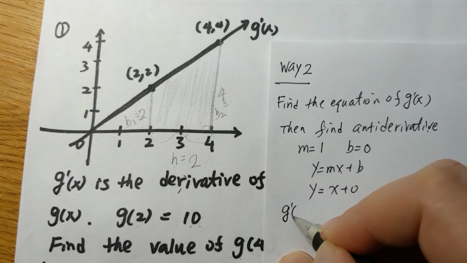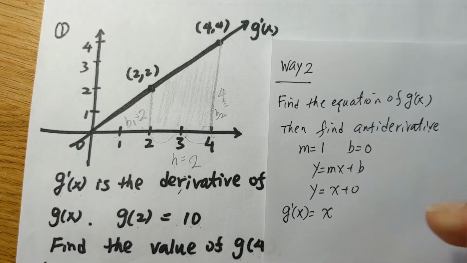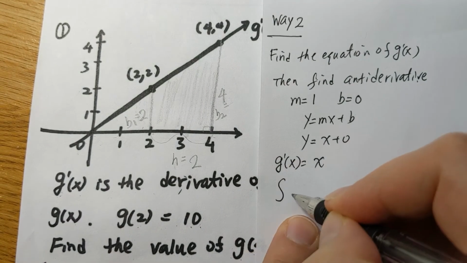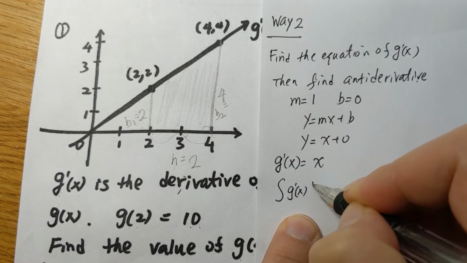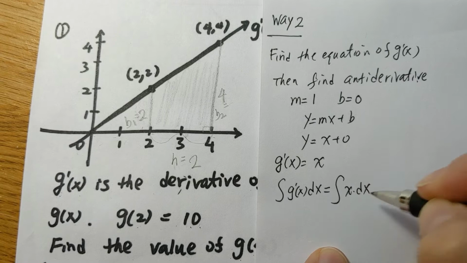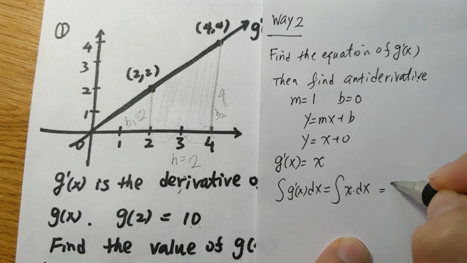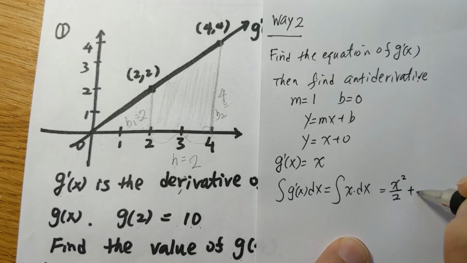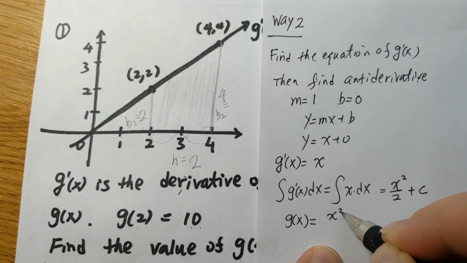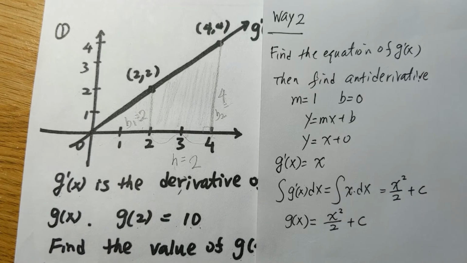So we get g prime of x equals x. After that, we're going to do the antiderivative. So we got x dx. The antiderivative of x equals x squared over 2 plus c. So in other words, g of x equals x squared over 2 plus c.